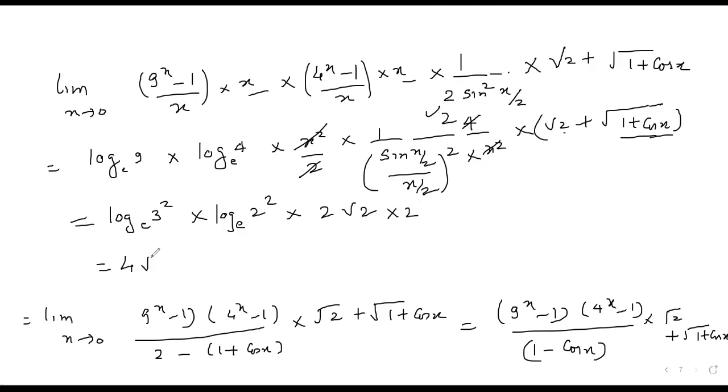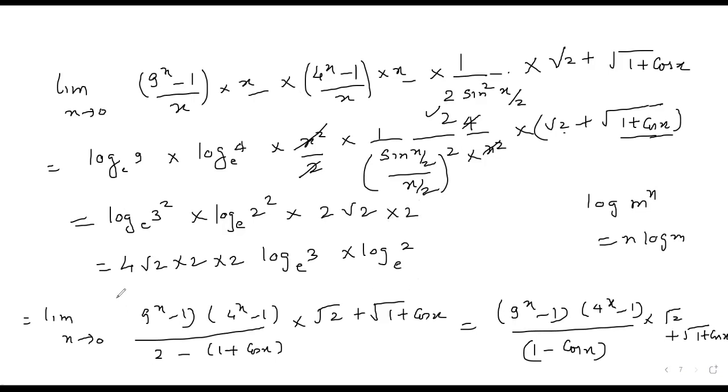So this is 4 root 2, and this 2 will come over here. Property of log: n log m gives log m power n. So 1 2 from here and 1 2 from here. Then log 3 base e times log 2 base e. So this will come 16 root 2 times log 3 times log 2, which is our answer.